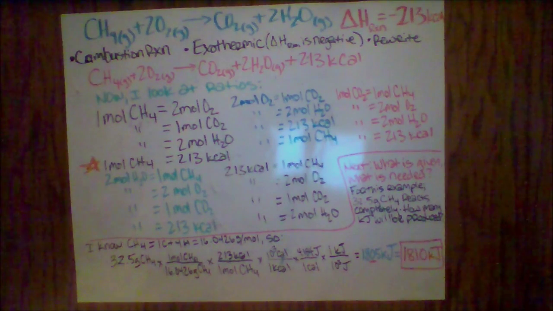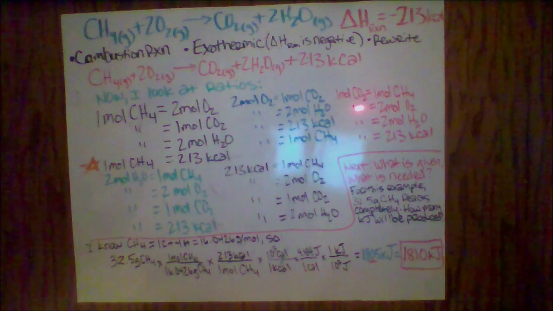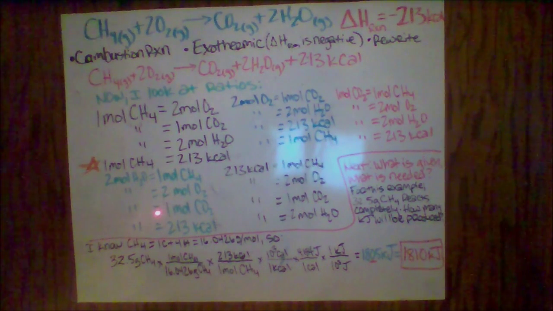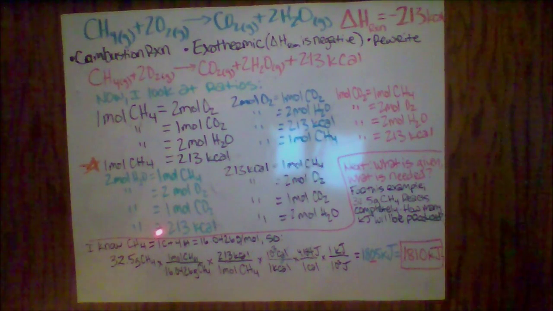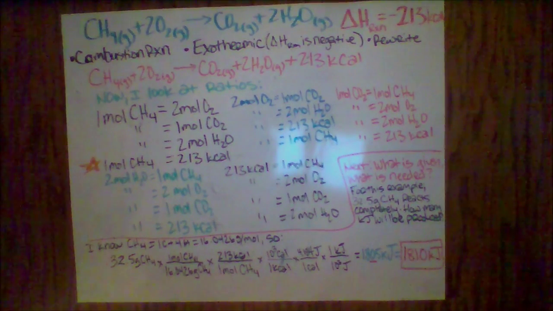And I go through it with everything. 2 moles of O2 will give me 1 mole CO2, 2 moles of H2O, 213 kcal, or 1 mole of CH4. 1 mole of CO2 will give me 1 mole of CH4, 2 moles of O2, 2 moles of H2O, or 213 kcal. 2 moles of H2O will give me 1 mole of CH4, 2 moles of O2, 1 mole of CO2, or 213 kcal. Or I know that 213 kcal will give me 1 mole of CH4, 2 moles of O2, 1 mole of CO2, or 2 moles of H2O.